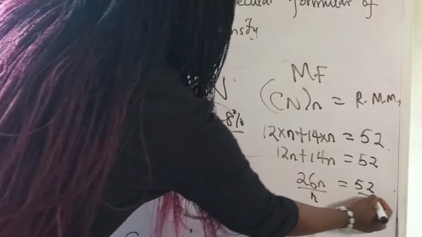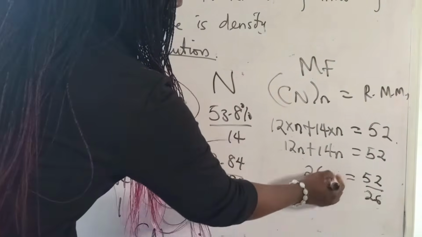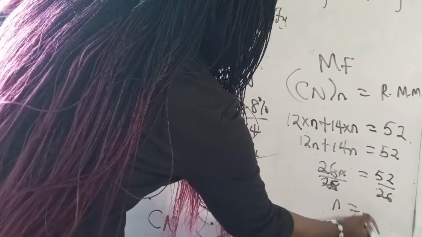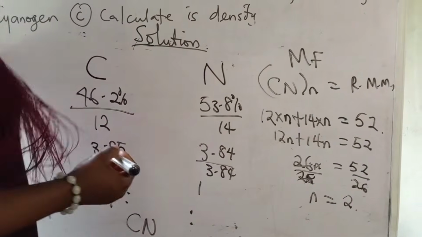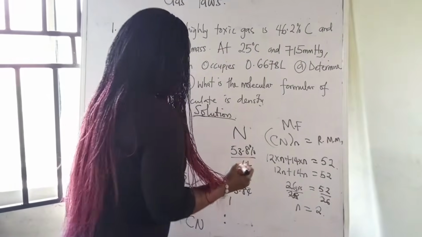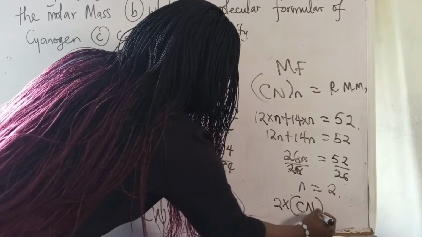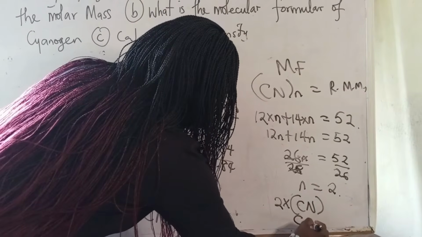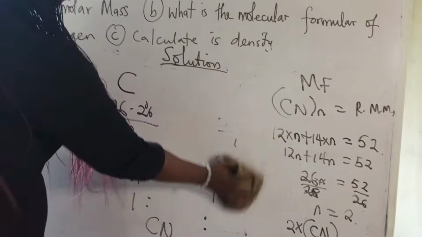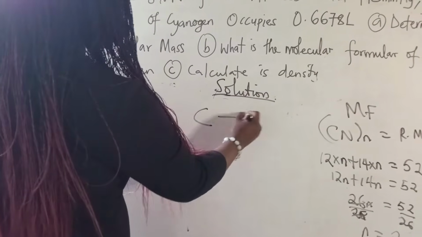Therefore, make n the subject of the formula. In making n the subject of the formula, you will have n equal to 2. So if n is equal to 2, it means that in getting your molecular formula, it becomes 2 times CN, and that will be C2N2. So the question you can now further determine is the structure of the compound, and the structure of the compound becomes something like this.